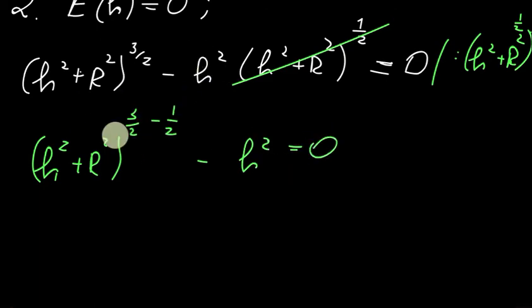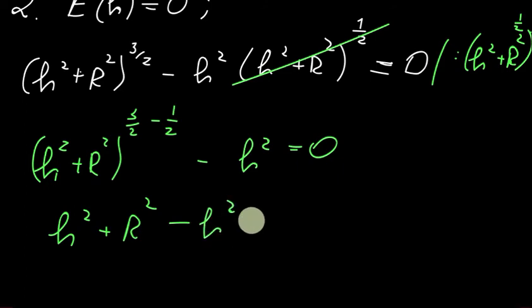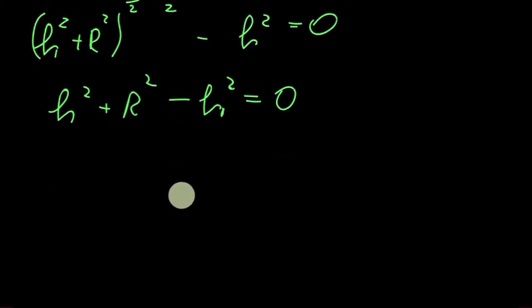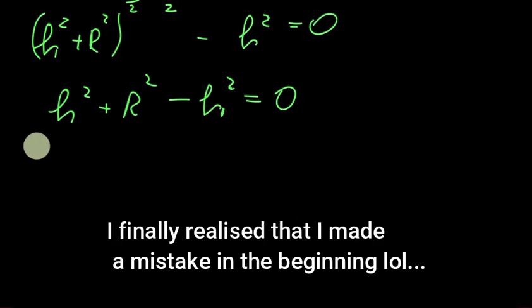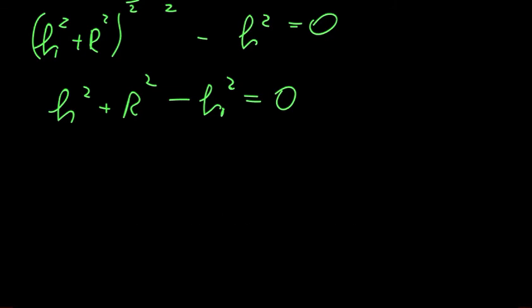So 2/2 is 1, and we are left with this. Now it's pretty simple to solve this equation. So we get, I made a mistake somewhere.